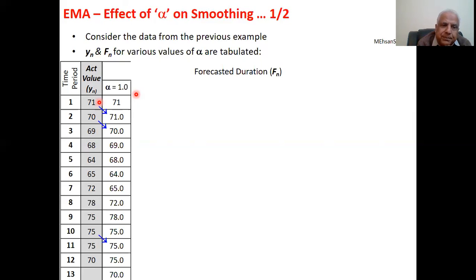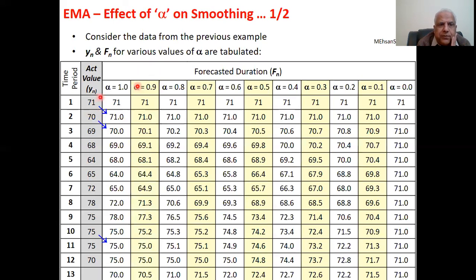Again, this is nothing but the naive method, which is very evident over here. What was the previous actual? 71. So what is the forecast? 71. What was the previous actual? 70. So what is the next forecast? 70. 69, 69. So this is nothing but the naive method again.